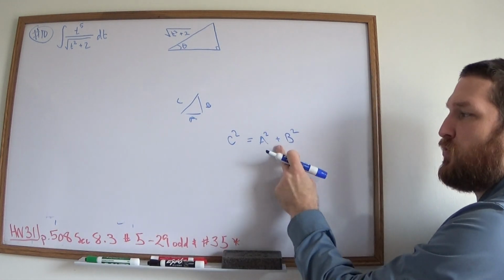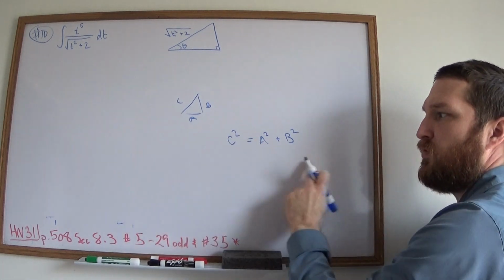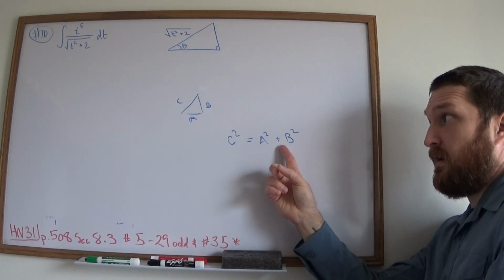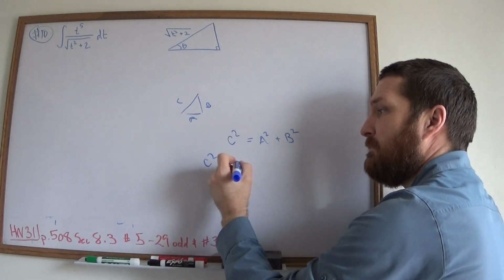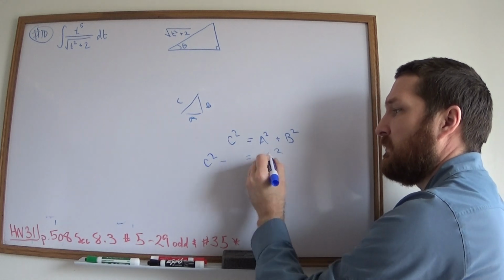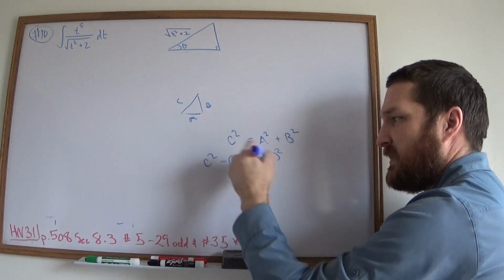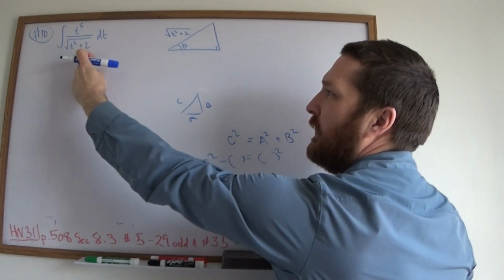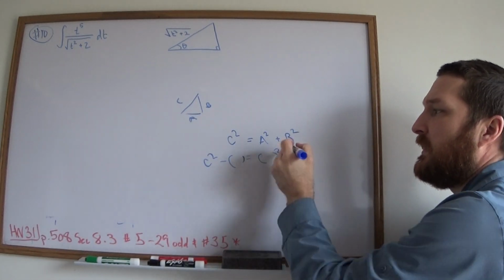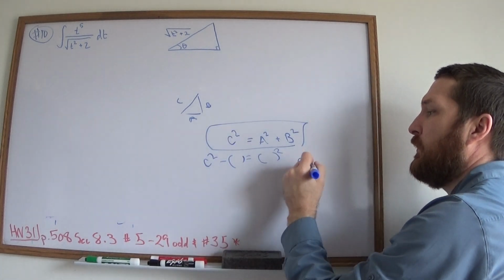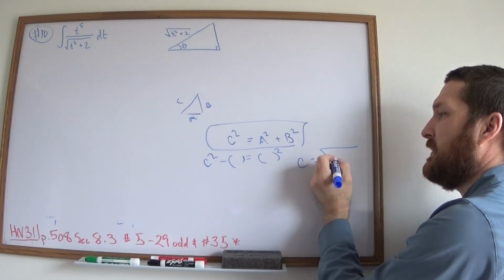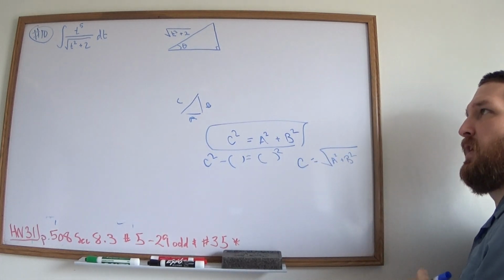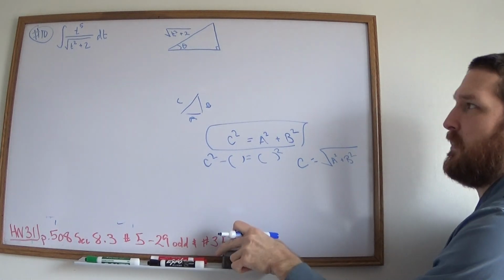So the only way that you can have a plus, if you're jockeying these three things around, is if it's here. Otherwise, you either have c minus a or c minus b equals the other stuff, and then when you take the square root, you end up with a minus there. The only way that you could have a plus in the square root with a triangle is if that square root is indeed the hypotenuse itself. So it's forced to be there.